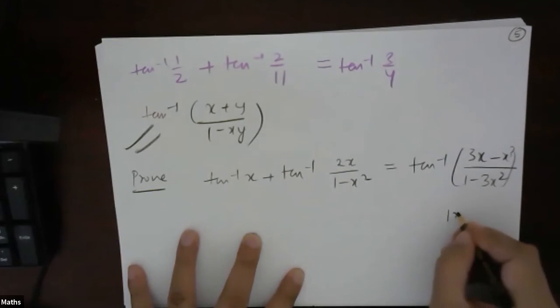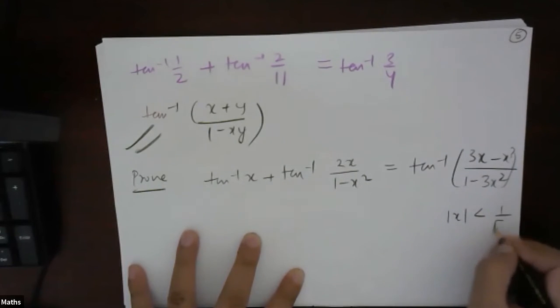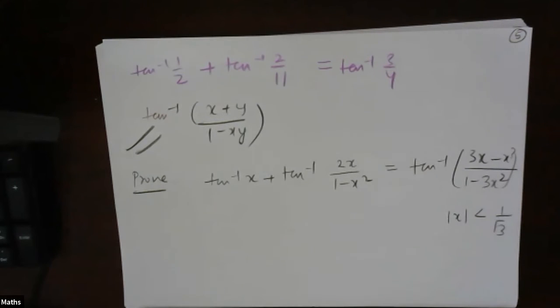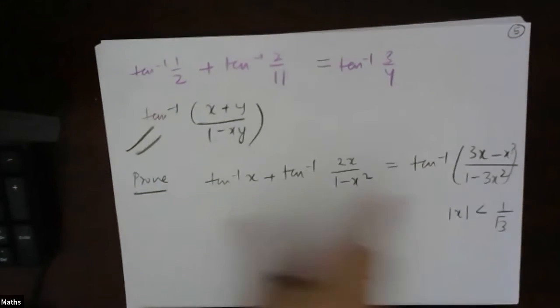Where mod of x is less than 1 by root 3. This is what they have asked you to prove. Now think about this question. So prove that this is equal to this.